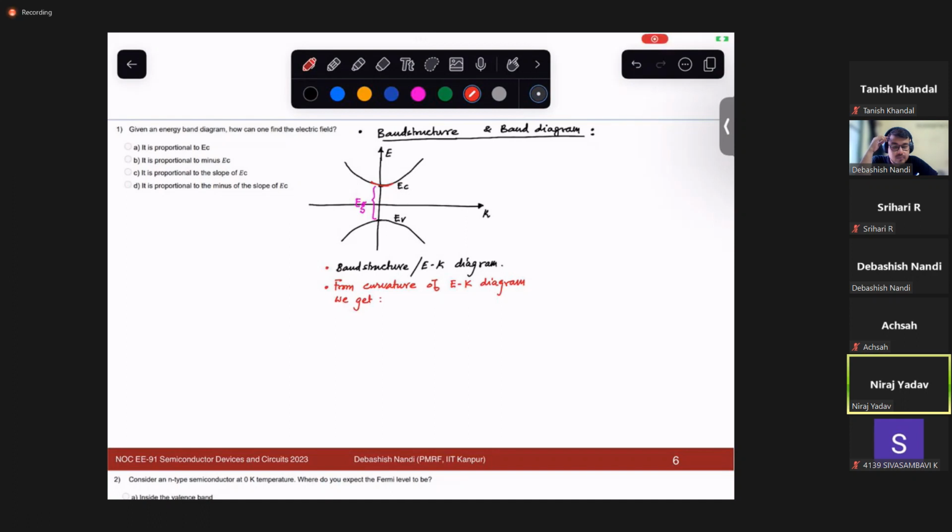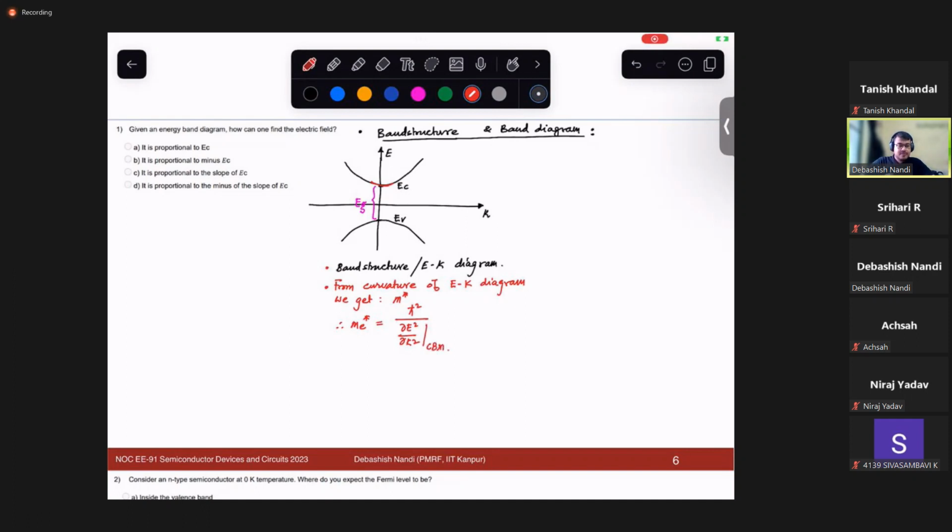The forbidden energy gap? No. From the curvature of the band diagram at the conduction band minima and at the valence band maxima, we get effective mass, m star. m star is equal to h bar square by del square E by del K square, at the conduction band minima. Similarly, for hole it is the valence band maxima.